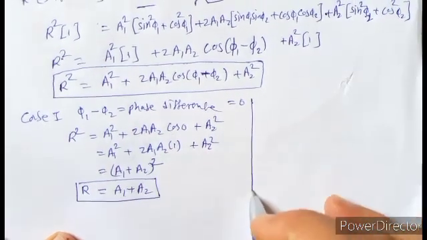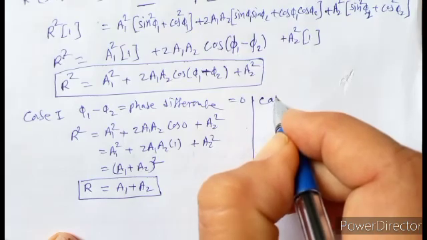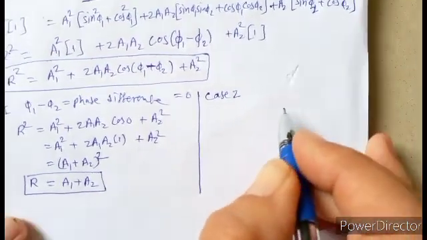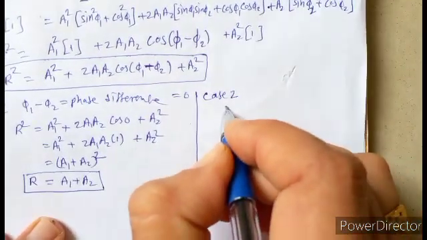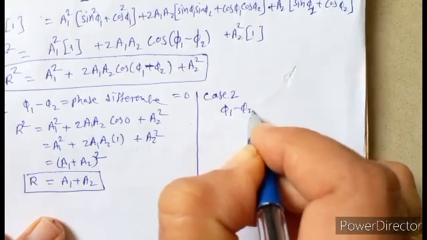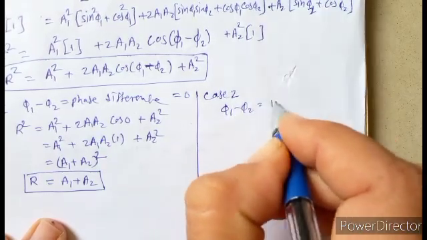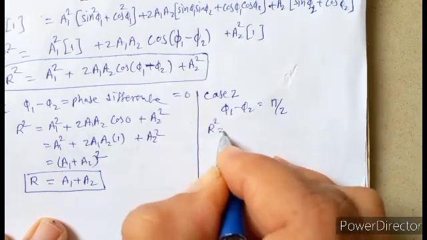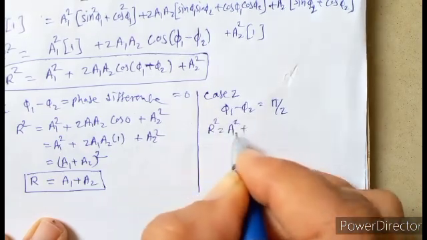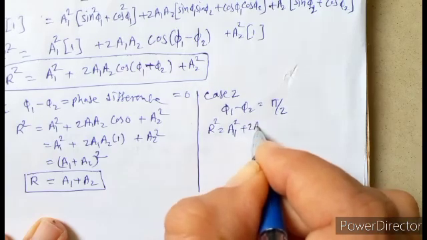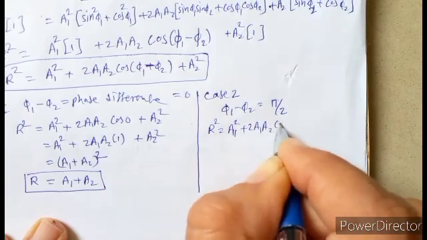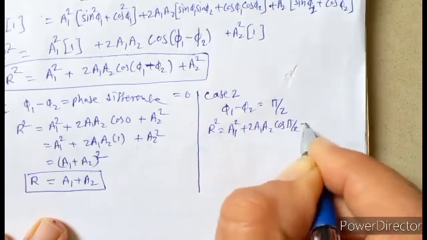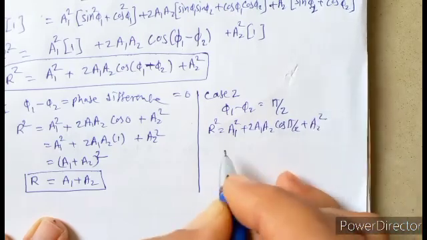Now case number 2. When the phase difference, that is phi 1 minus phi 2, is equal to pi by 2, then r square is equal to a1 square plus 2 times a1a2 cos of pi by 2 plus a2 square.